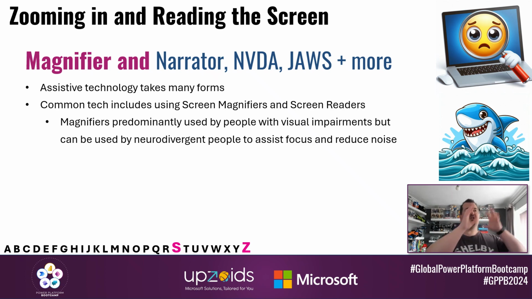It allows people to zoom in on sections of the screen and move around and see it blown up so they can actually see what is there. And this can also help neurodivergent people because it allows them to focus in on one key area of the screen and reduce the noise that's around in terms of what's on screen.